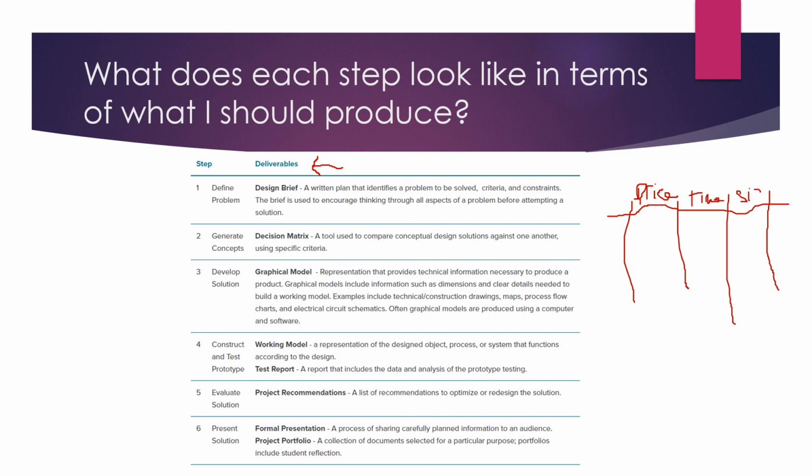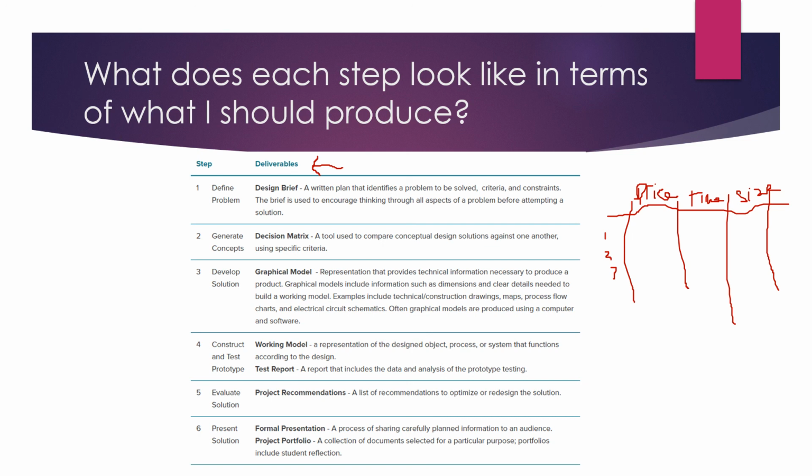And what you would do in a design matrix is you would look at your first concept, your second concept, your third concept. And what you would do is you would rank them. Like basically cheaper is better. So you would rank them and assign them a point value. How much time it takes. You would rank them from the best to the worst, and size. Nobody wants a cell phone that's the size of a briefcase. Okay.